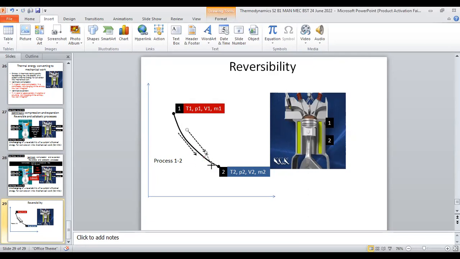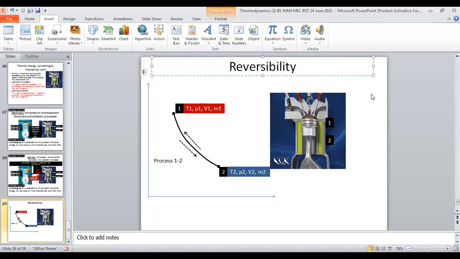You may feel that 1 to 2 takes place all of a sudden, but irrespective of the time factor, if you imagine a gradual change and reverse it, it follows from 2 to 1 exactly. So this we call reversibility.